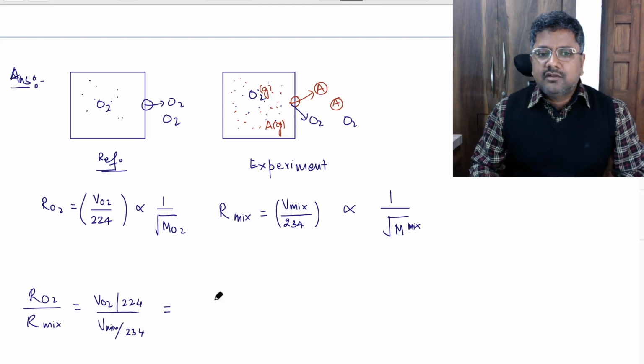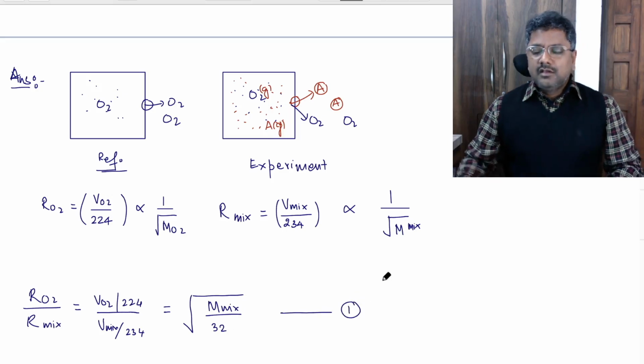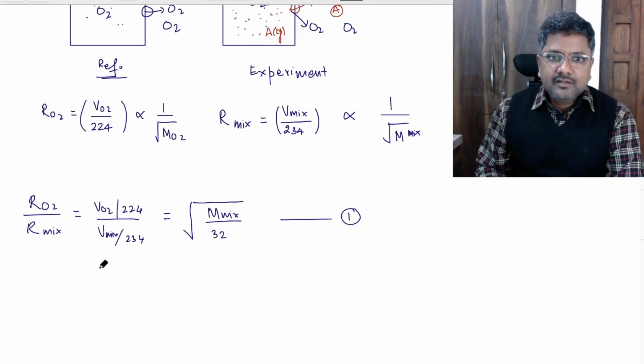This is equal to square root of molar mass of mixture by 32. This is equation 1, right? Molar mass of O2. Now see, it is given volume of O2 is equal to volume of mixture. It is given in the question.